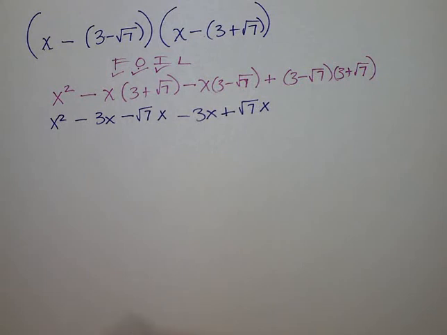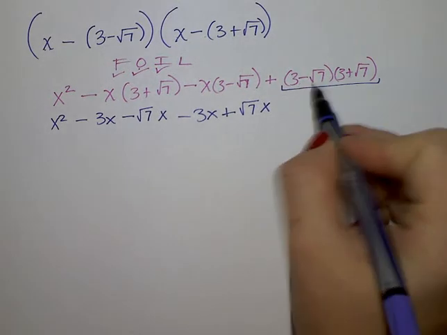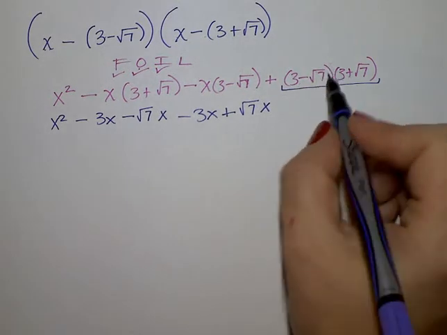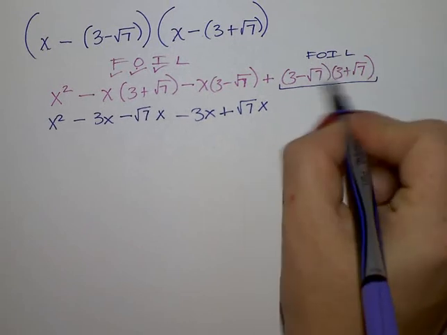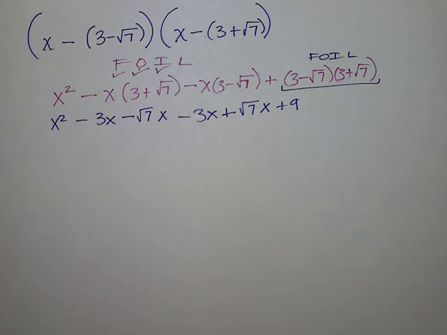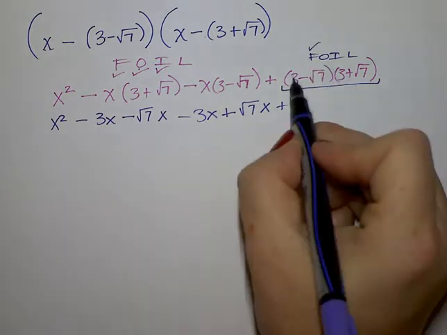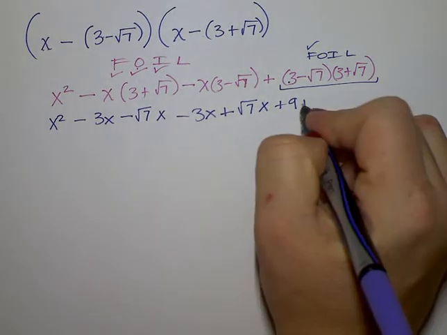Okay, now for this portion, they're not exactly the same, so I can't do that shortcut. I'm going to FOIL here. Multiplying the fronts, 3 times 3 is 9. Multiplying the outsides, 3 times a positive square root of 7 is a positive 3 square root of 7.